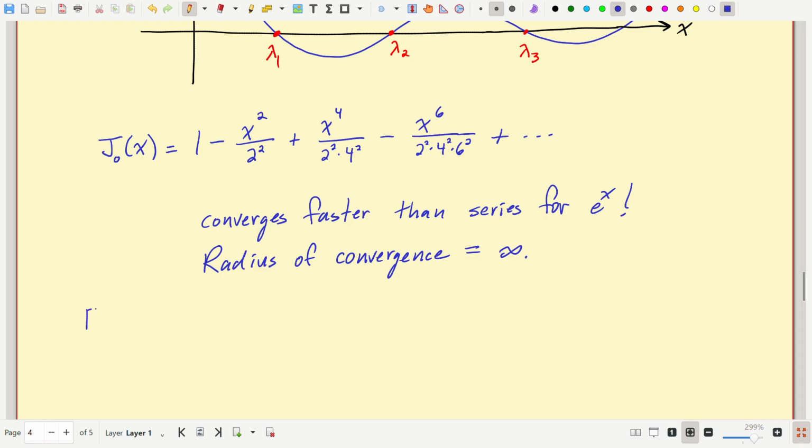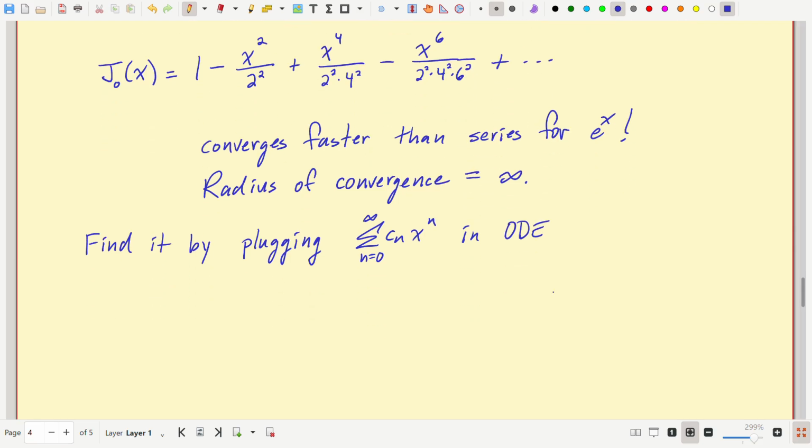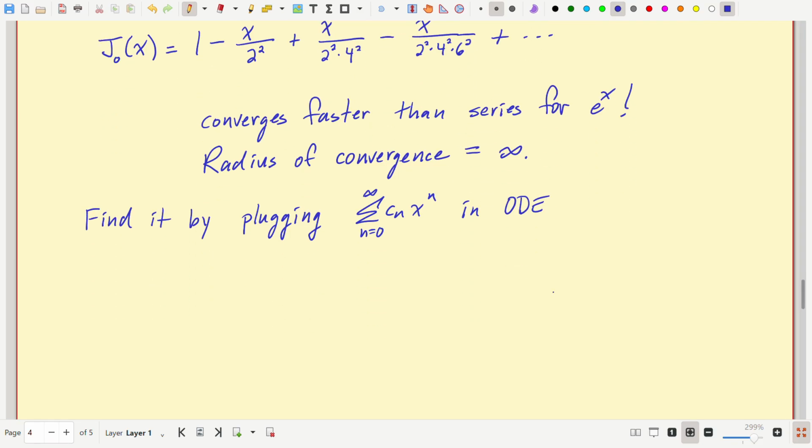So you find it by plugging summation Cn x to the n, as n goes from 0 to infinity, into the ODE, and collecting coefficients and doing sort of a recursion thing, which feels like doing the method of undetermined coefficients.